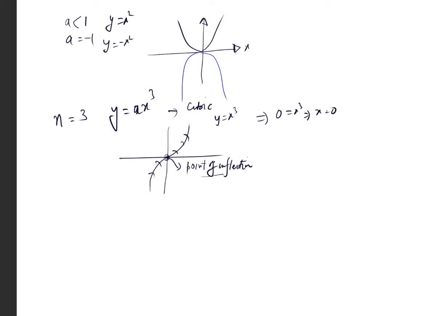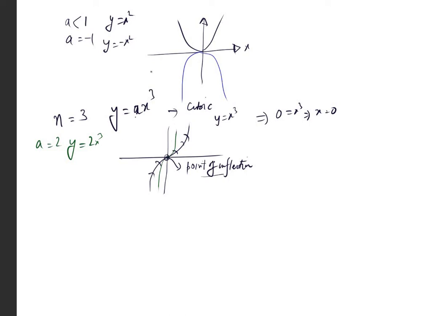All right. Now, if I increase the value of a, let's say a equals 2, the equation becomes y equals 2x cubed. So what will happen? Exactly the same as the parabola. You see what has happened.